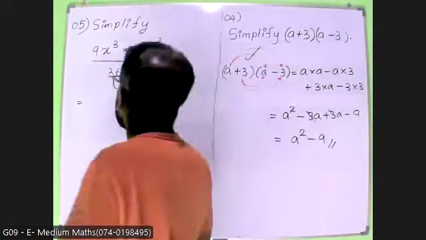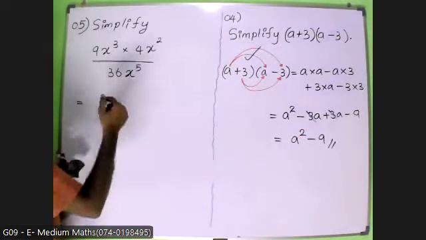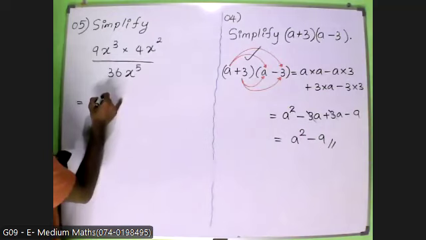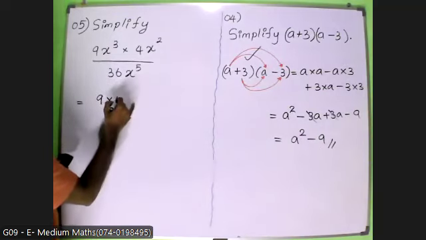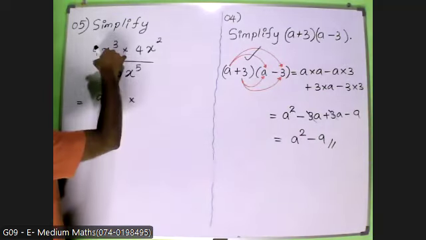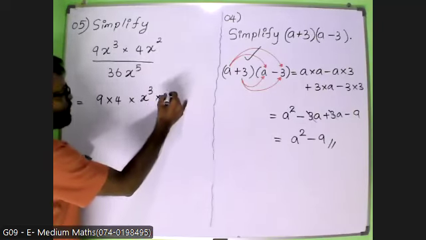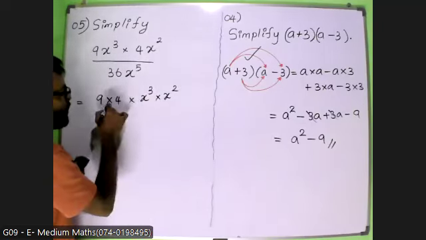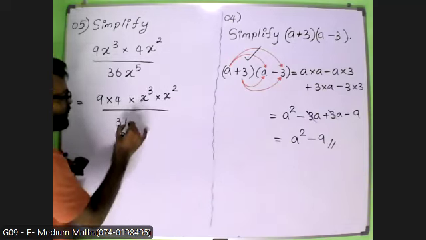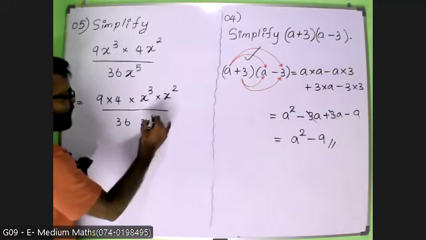So let's do it. 9 times 4. I will take it to a single place. Then x to the power 3 times x to the power 2. In the denominator, you have 36 x to the power 5.